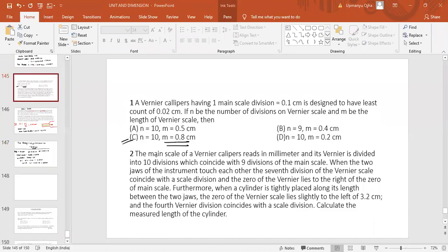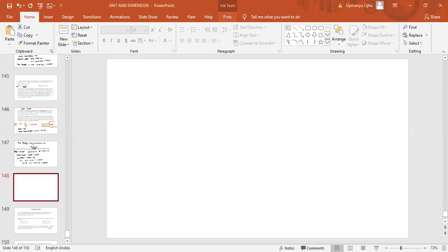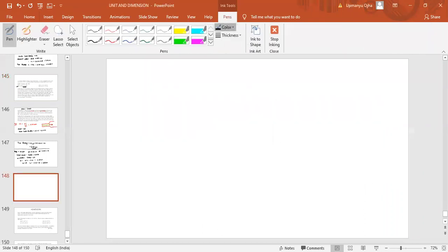The main scale of the vernier caliper reads in millimeter, and its vernier is divided into 10 divisions, which coincide with 9 divisions of the main scale. Main scale is reading in millimeter, which means one main scale division would be equal to 1 millimeter. One vernier scale division we don't know, so we can assume it as x.